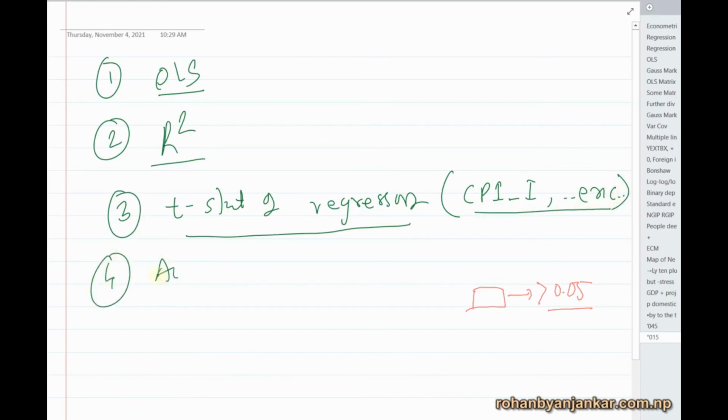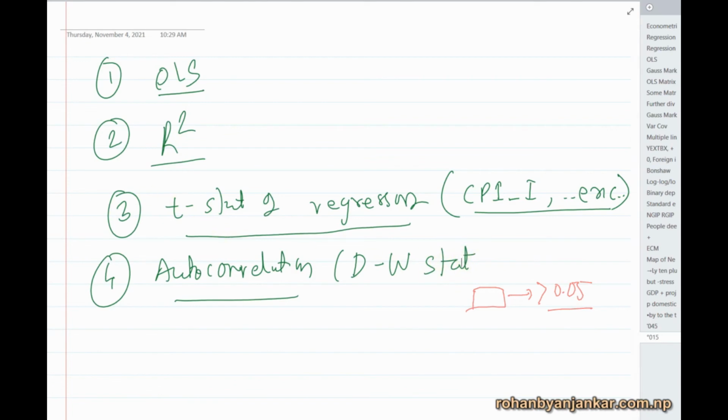Fourth is we checked autocorrelation. From this we checked two values, that is DW stat, meaning Durbin-Watson stat, and this must be equal to 2 or near 2. This must be equal to 2 for no autocorrelation.